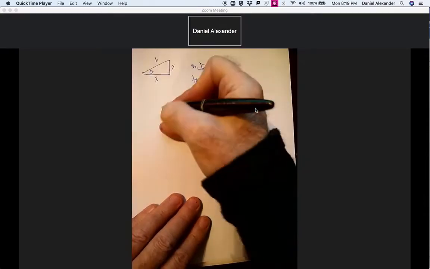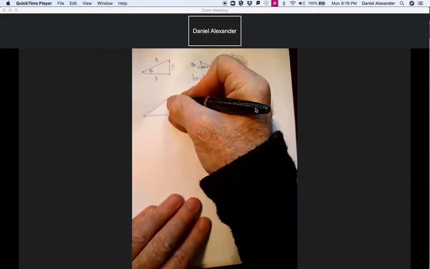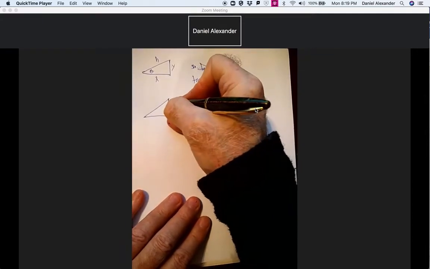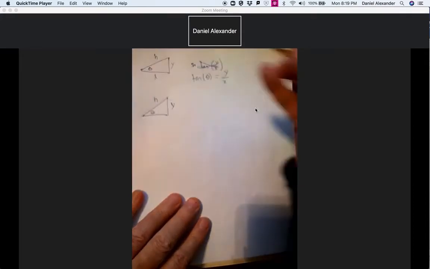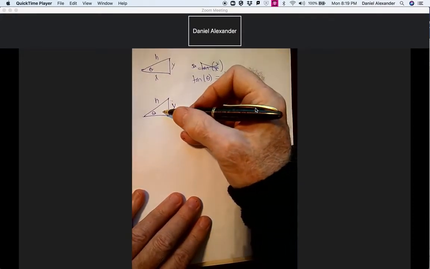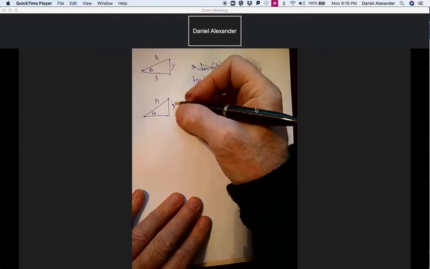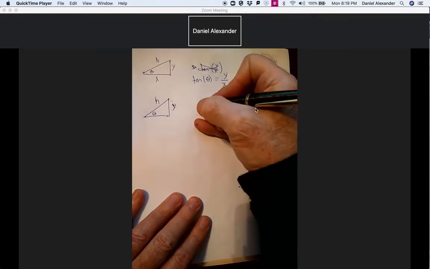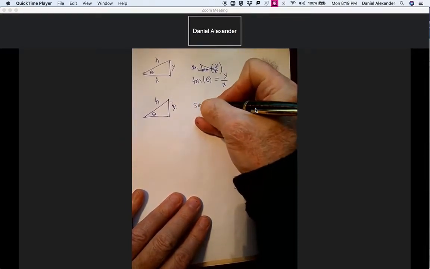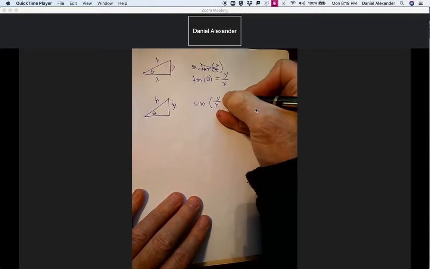And then on another occasion, we're going to use this ratio, where we're given h and we have to find y. So we're going to use y over h.